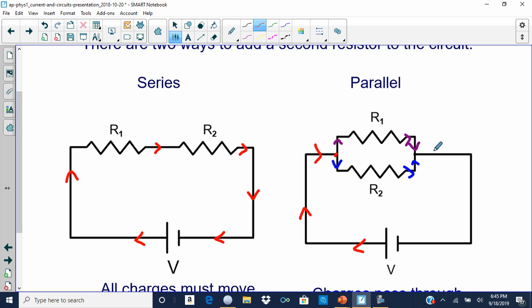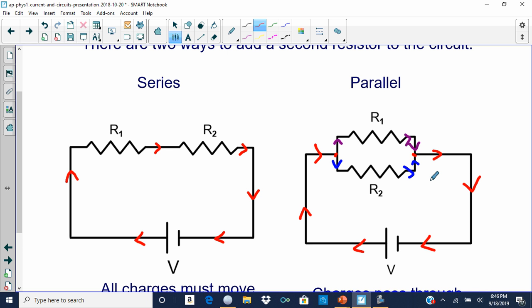They're all going to meet up at this. This is called a junction. And the electrons are going to meet up, and remember, charge is conserved. So what we start with here has to be what we end up with here. So all the electrons that go this way and all the electrons that go this way have to add up to give us the same number of electrons on the other side.